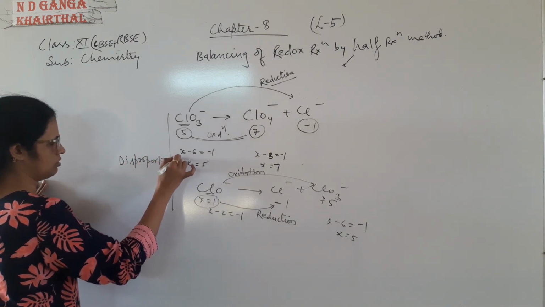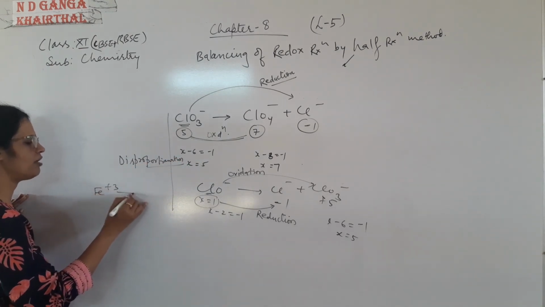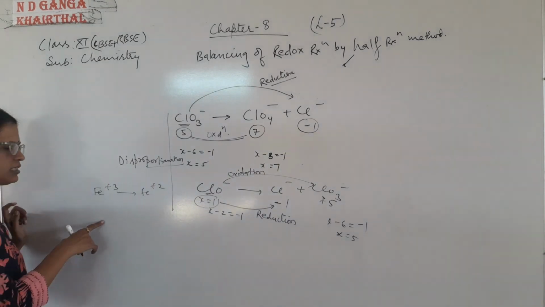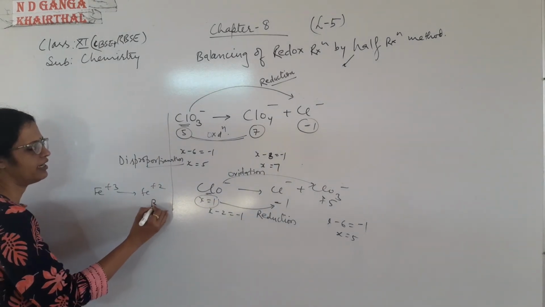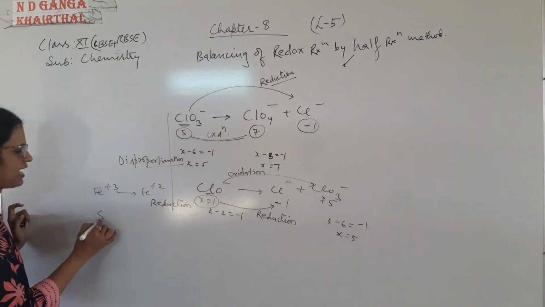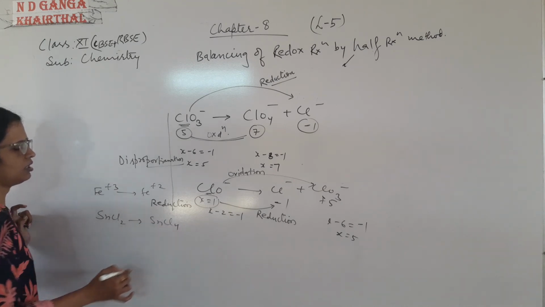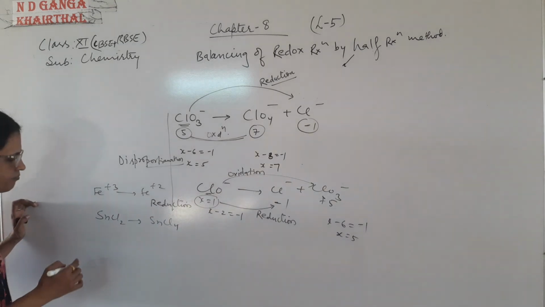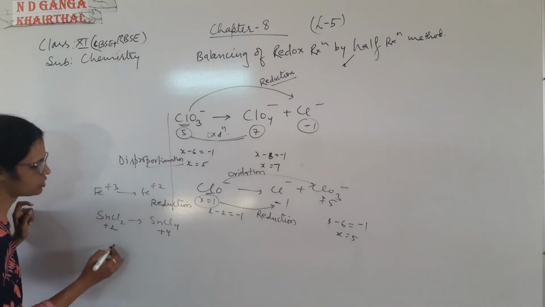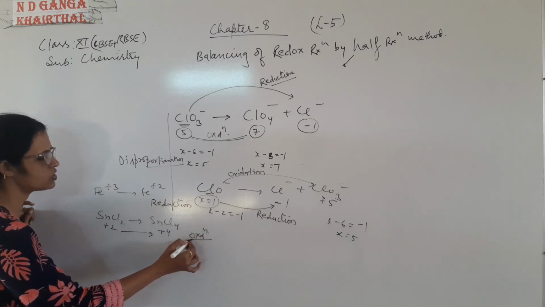If Fe³⁺ is converting into Fe²⁺, tell me which reaction this is. It is a reduction. If SnCl2 is converting into SnCl4, tell the type of reaction. Here Sn is in +2 and goes to the +4 oxidation state, so there is an increase in oxidation number, that's why it is an oxidation.